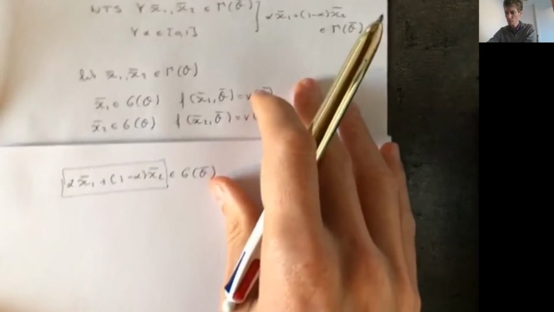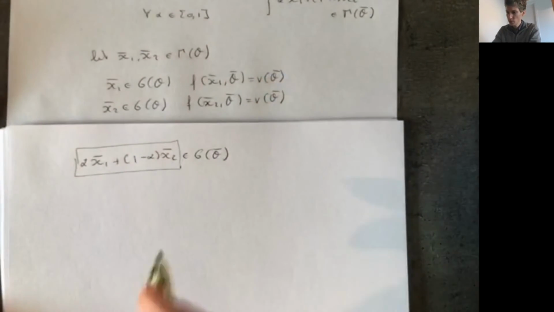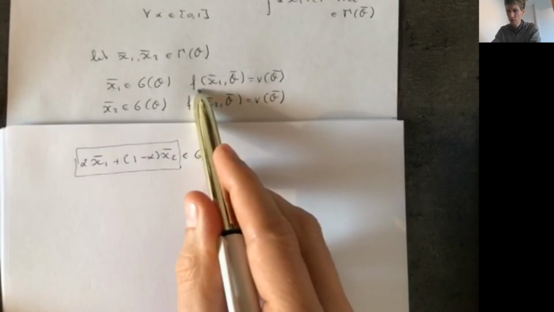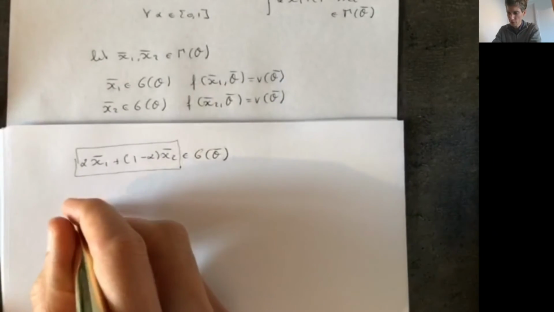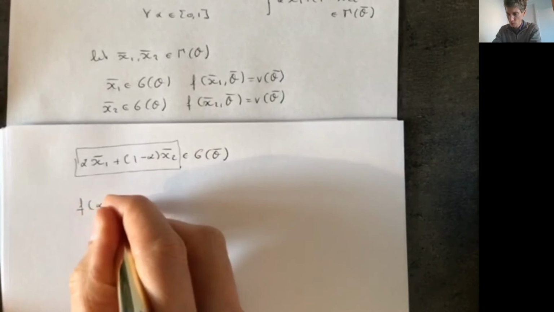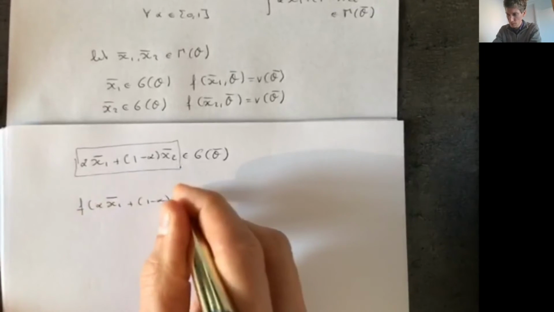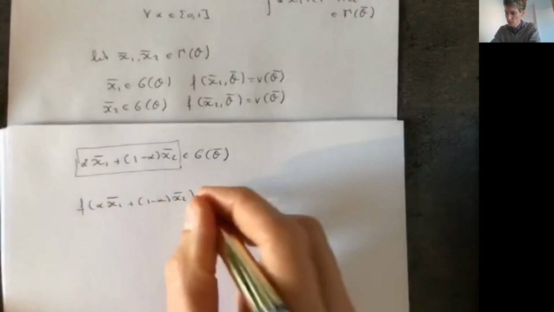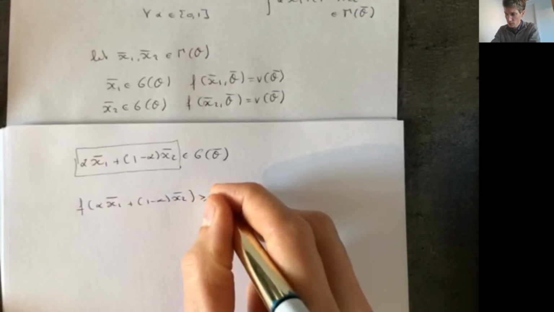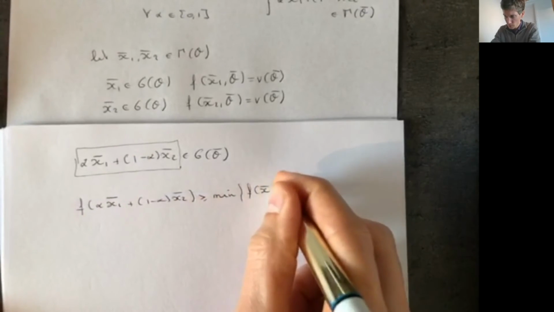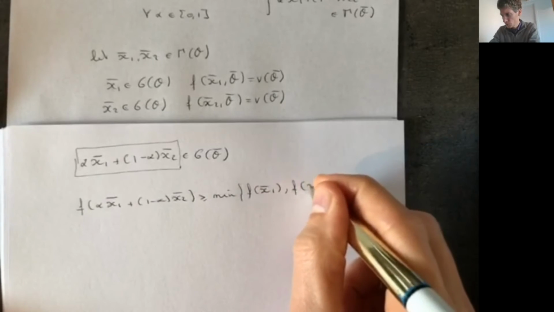In addition, what do we also have? We have that f is a quasi-concave function. So f of alpha x1 plus 1 minus alpha x2 is greater or equal to the minimum of f of x1 and f of x2.